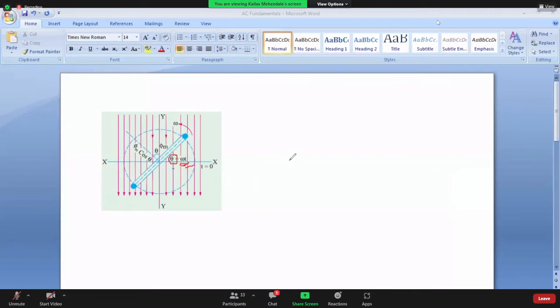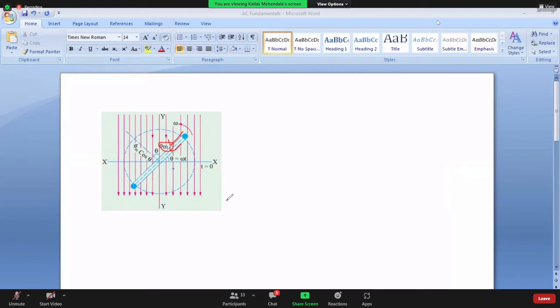The coil is making an angle of theta with respect to the x-axis. Now these are the flux lines. Yesterday we saw there was a permanent magnet in the concave shape. So from north pole to south pole, these are the flux lines, and phi m indicates the maximum flux.